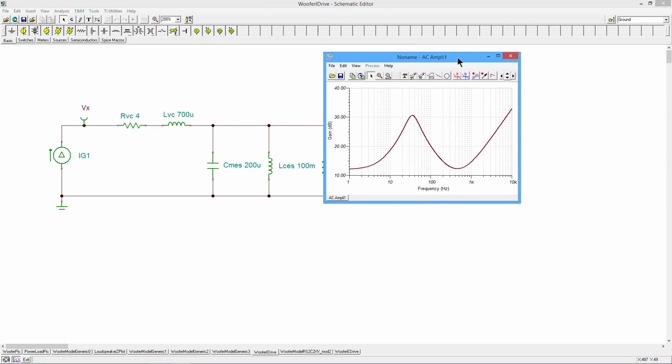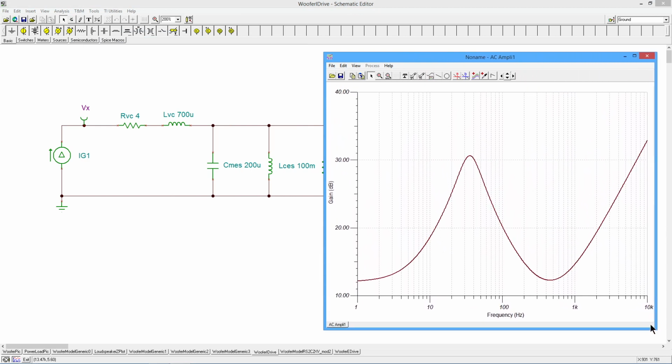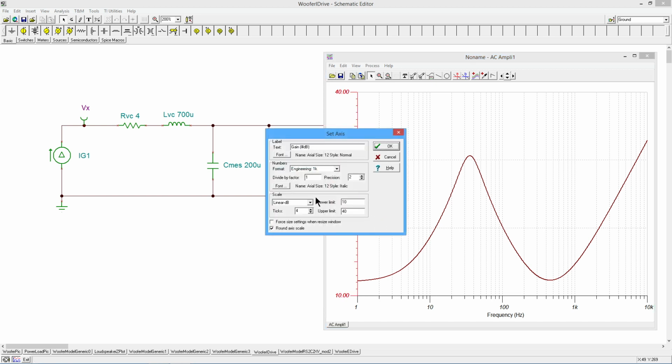Now, there's a couple little tricks, at least in TINA. It all depends on the simulator that you're using. TINA, when you do a frequency response plot, a Bode plot, defaults to what you would expect for a Bode plot, which is a decibel axis over here. But I don't want that. In fact, I want a linear axis.